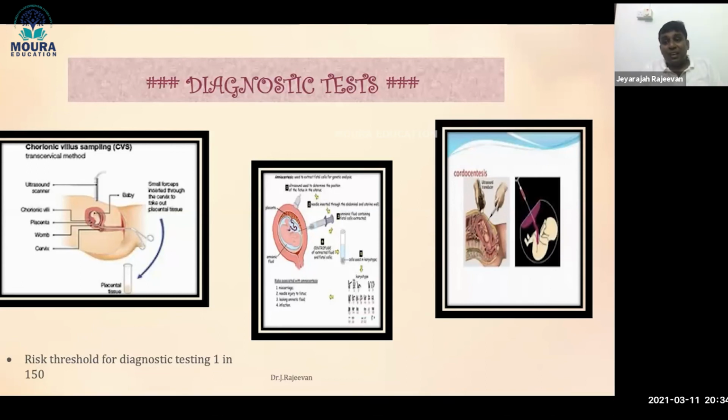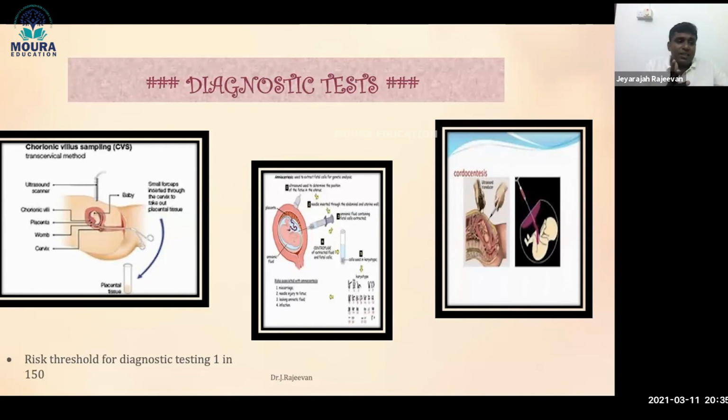But it's difficult to take amniotic fluid in early POA because the water around the baby is less. Even if you take the fluid in early POA, complications are high. So if you want to do a diagnostic test in early POA, chorionic villus sampling will be the best option, because that can be done early.